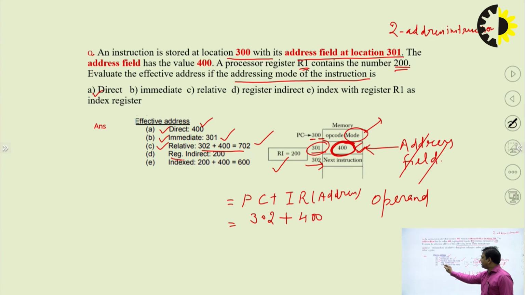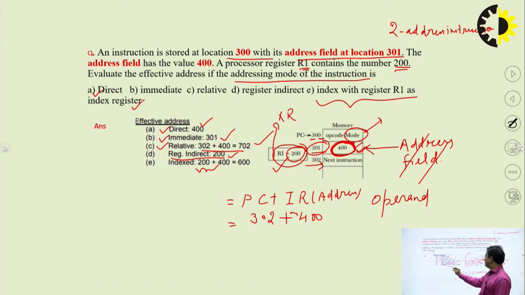Next is the register indirect. As per register indirect, the register is having the address. Indirect means the register is having the address. And then index with register R1 as the index register. In case of indexed, R1 is working as the index register.